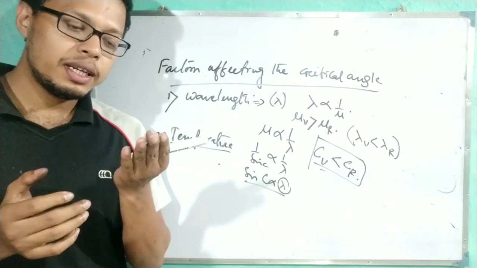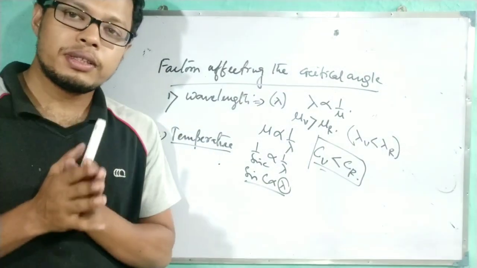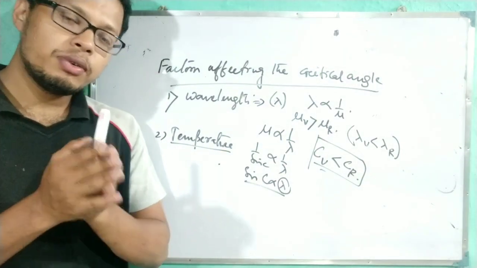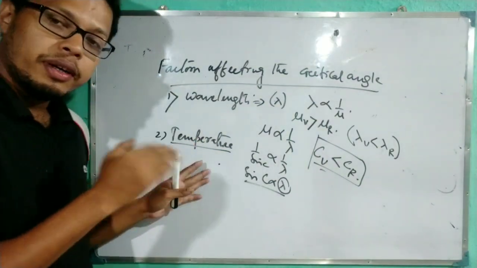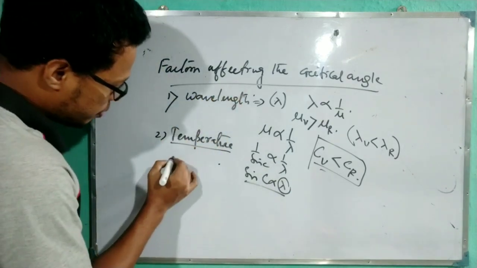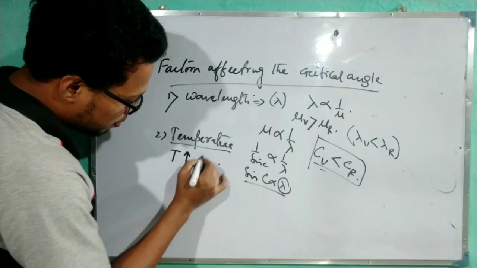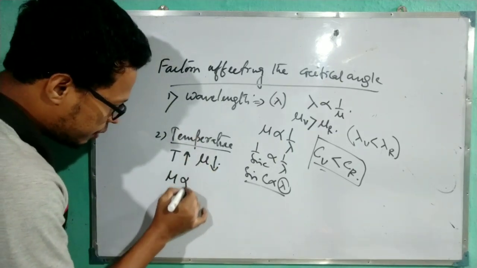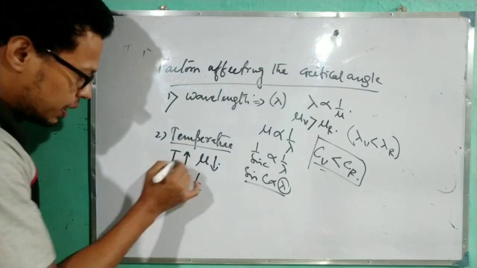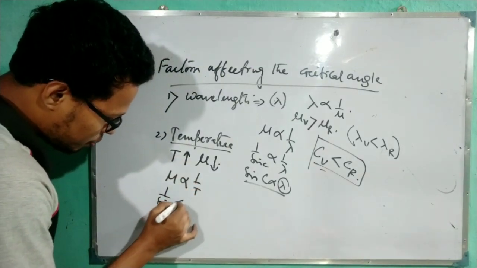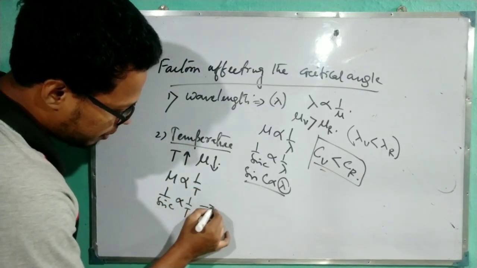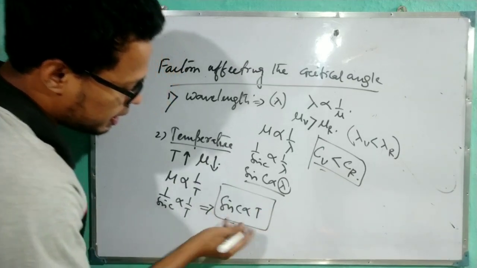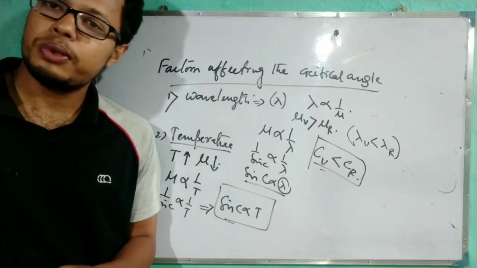When the temperature increases, the separation between the molecules increases, so the optical density decreases, which means mu decreases. So mu is inversely proportional to t. Mu means 1 by sin C, which is inversely proportional to t. From here we can write that sin C is proportional to t, which means when temperature increases, the critical angle also increases.